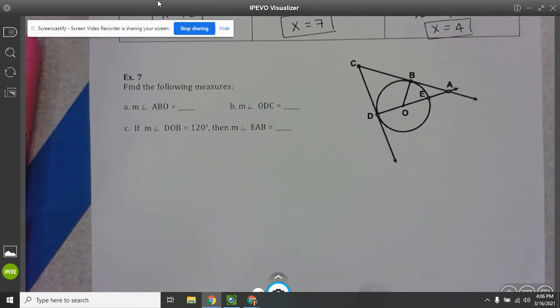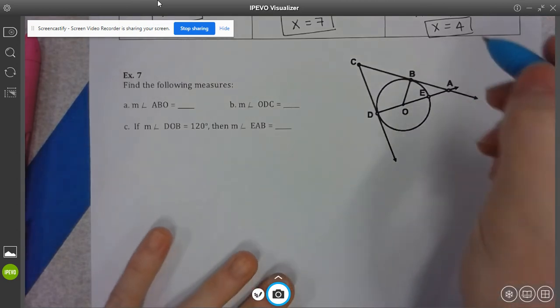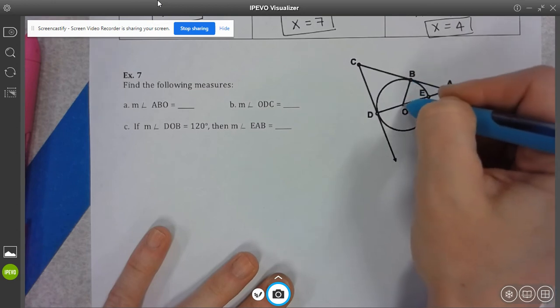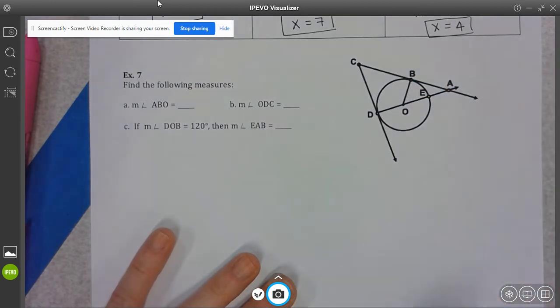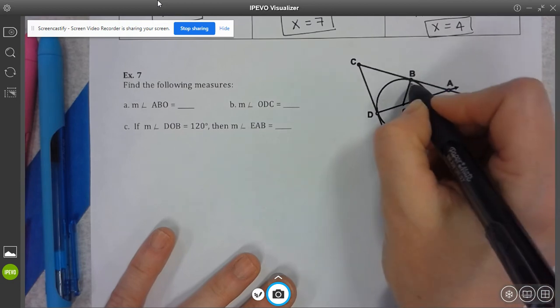All right, last but not least, finding some angles. Well, A, B, O. I have a radius that's meeting a point of tangency.